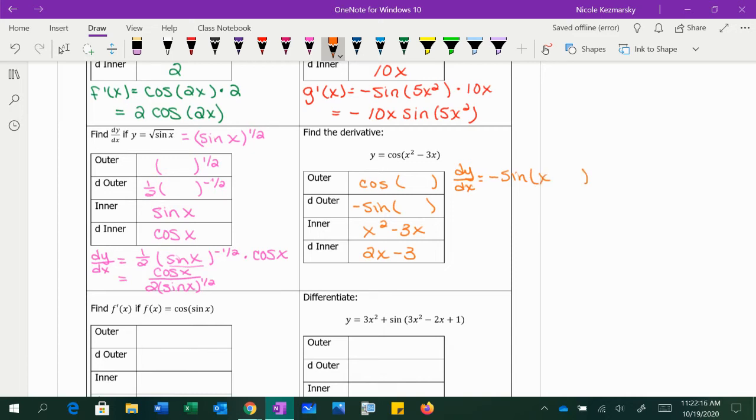In the parentheses, we're going to put x squared minus 3x times, and then in parentheses, we're going to put 2x minus 3 because that came as a quantity. And then to clean things up, make things less ambiguous, we're going to move that 2x minus 3 to the front and put the sine of x squared minus 3x second.